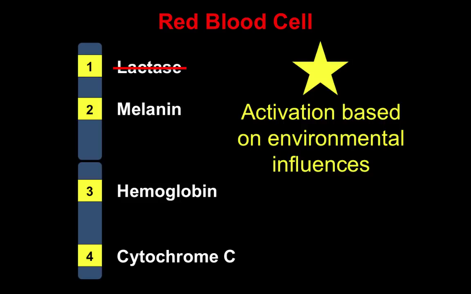So a red blood cell doesn't need lactase, it doesn't need melanin, it doesn't need cytochrome C. From this set of genes, it's only going to activate hemoglobin, which is the gene that it needs. And it's going to be able to tell which genes to turn on based on environmental influences. And most of these are signals sent by other cells telling it what it needs to be.